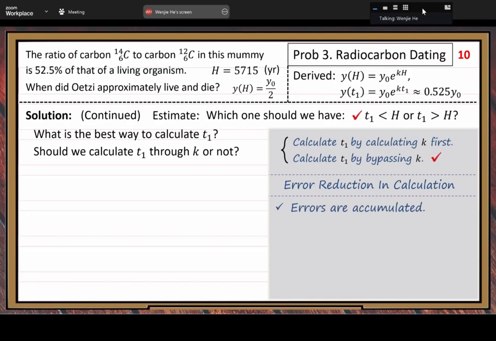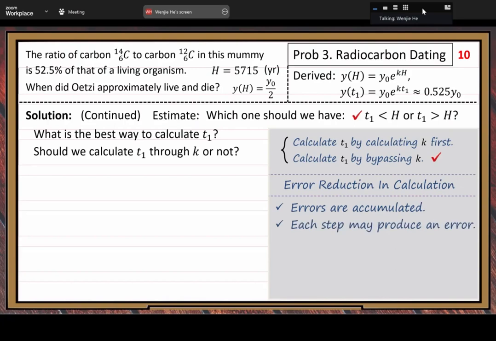Errors are accumulated. If you have multiple steps, each step may cause some error: error 1, error 2, error 3, that accumulated. When you combine all the steps, you accumulate a lot of errors. If you can skip some unnecessary steps, the accumulation of the errors will be smaller, and you can reduce the total error.